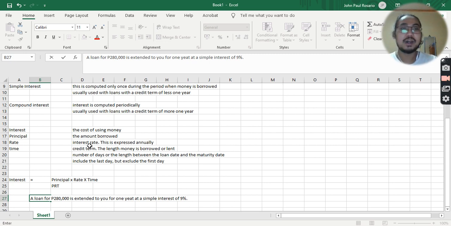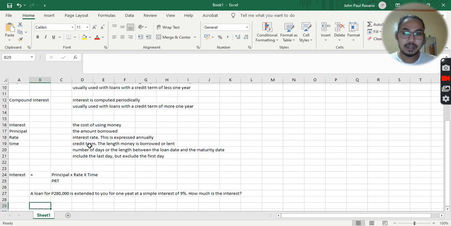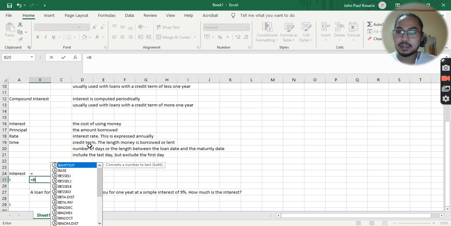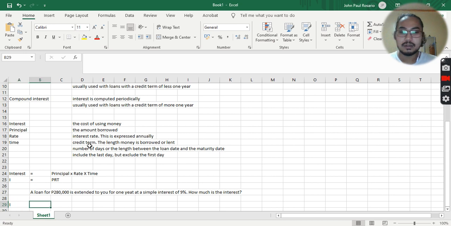So, how much is the interest on this loan? So, again, our interest is unknown. So, I is equal to PRT. So, our interest now is equal to PRT.